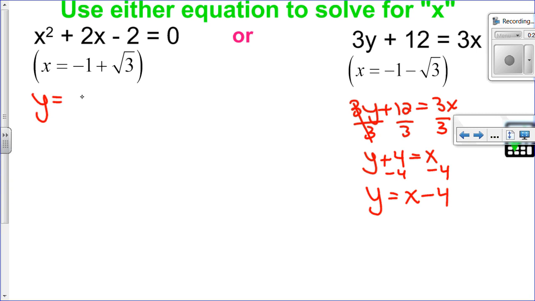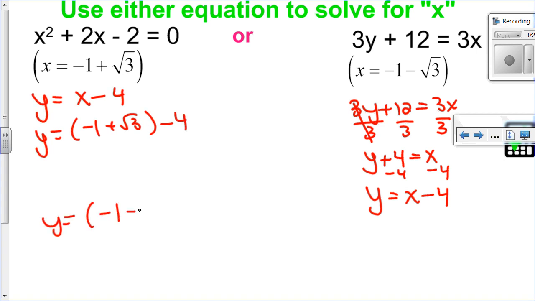So if y equals x minus 4, let's substitute our first value of x, and then we'll substitute our second value for x. Okay, so in the first one here, I just do negative 1 take away 4 is negative 5 plus root 3. So that wasn't very bad because we chose the right equation to substitute it.